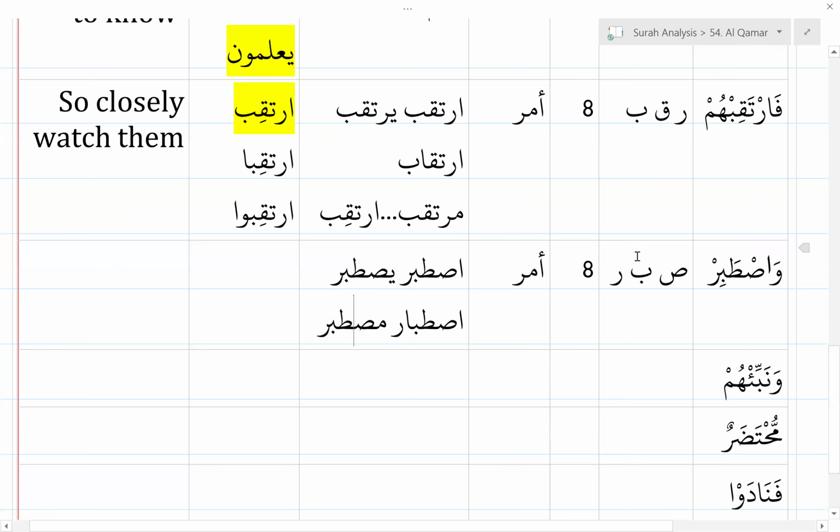Now, just one point here that we're saying it's family 8. We know family 8 is اقترب, افتعل. So the ta here got transformed to a ta because of sad. Remember a while back we talked about this concept of idgham. You have certain letters that are frowning letters. They don't go well with ta, which is a smiling letter. When you say ta, you smile. But when you say saw, you frown. So happy moods and sad moods don't go together.